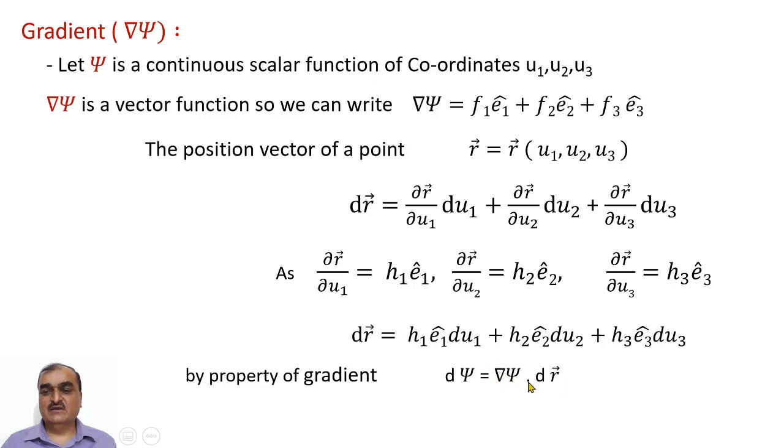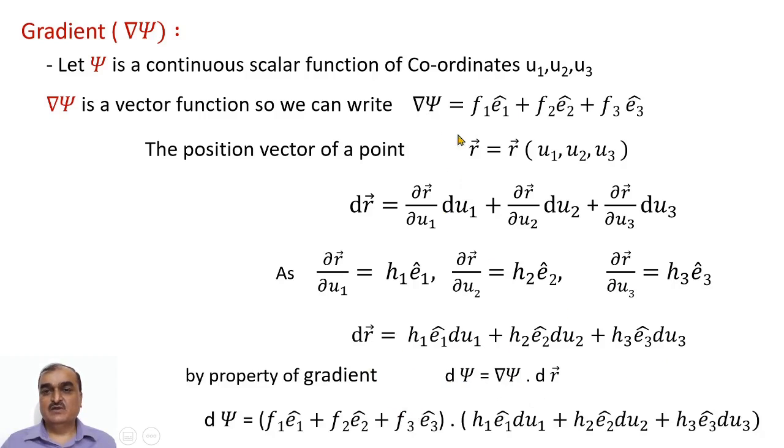Del psi is one vector and dr bar is another vector. That is, d psi is equal to del psi dot dr bar. Substituting del psi and dr bar, we get the expression.